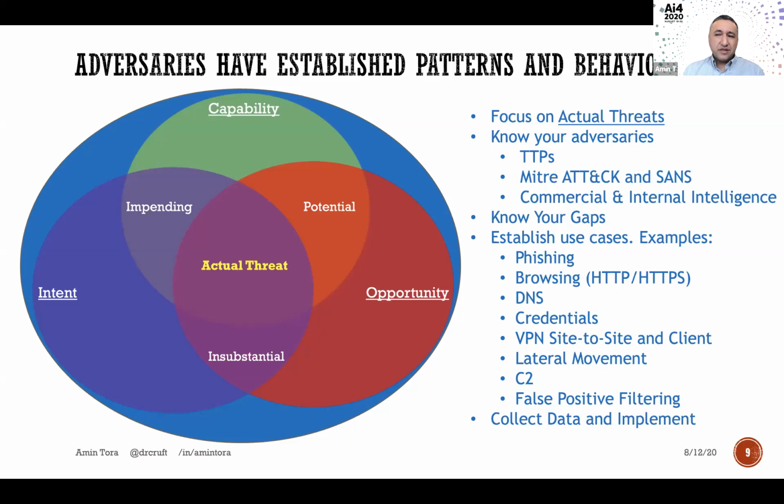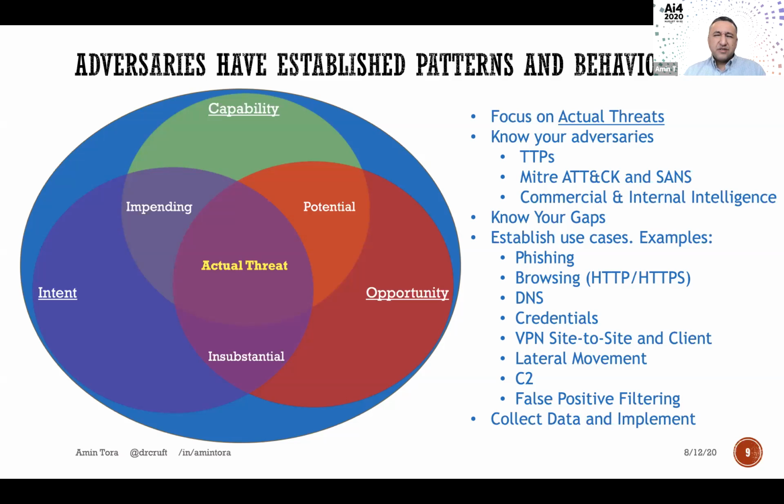And based on that you can start looking at creating use cases. Once you know your gaps as well, you can start creating those use cases and focus towards phishing, browsing, DNS channels, credentials, lateral movement. And look at these areas and VPN connectivity, site-to-site networks, and look at hidden channels, and you can even use AI ML within false positive filtering.